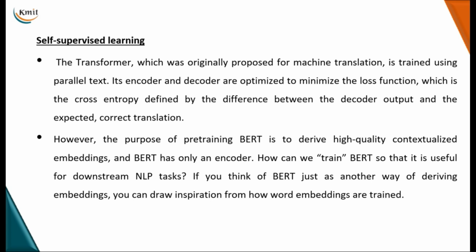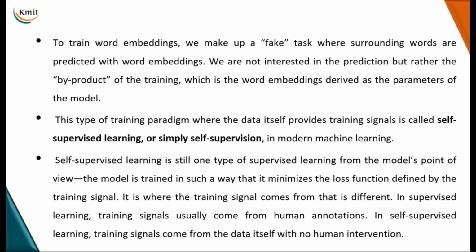But the purpose of pre-training BERT is to derive high quality contextualized embeddings. Therefore BERT has only the encoder. Now, how can we train BERT so that it is useful for embedding tasks? We will see now.